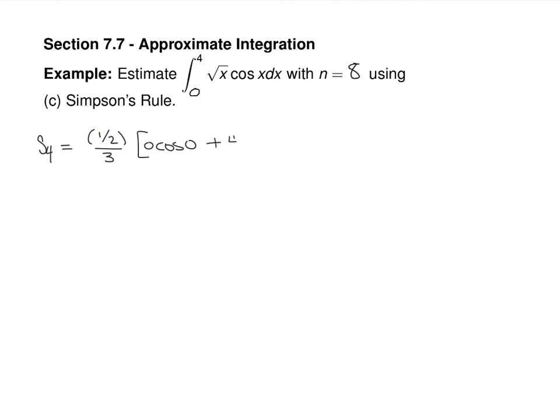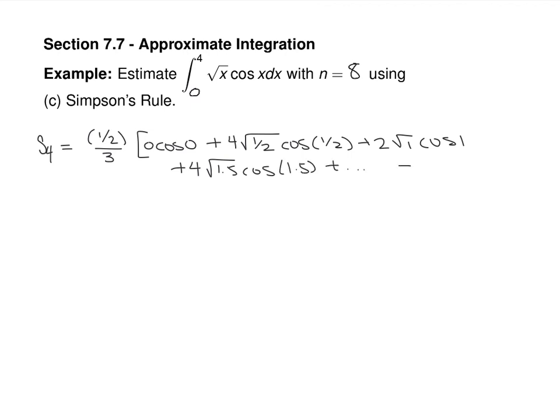So plus 4 root 1/2 cosine 1/2 plus 2 root 1 cosine 1 plus 4 root 1.5 cosine 1.5. You kind of get the idea.